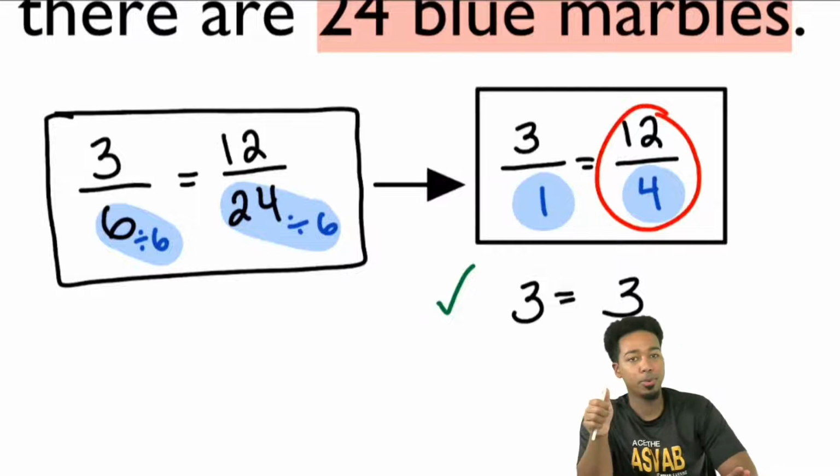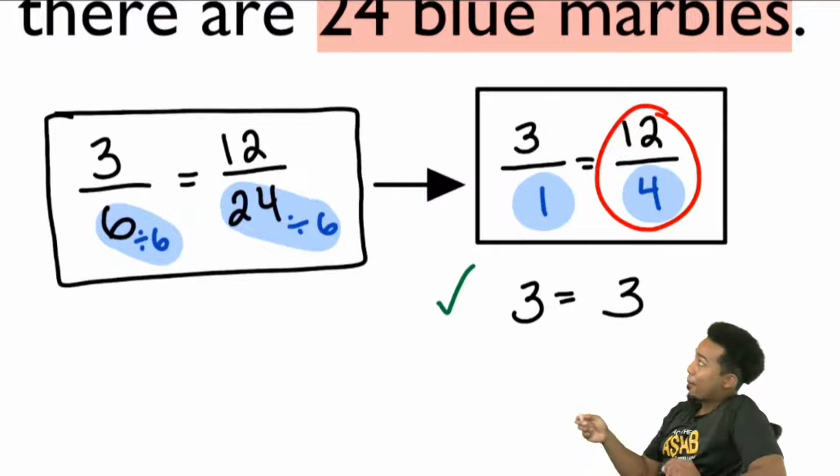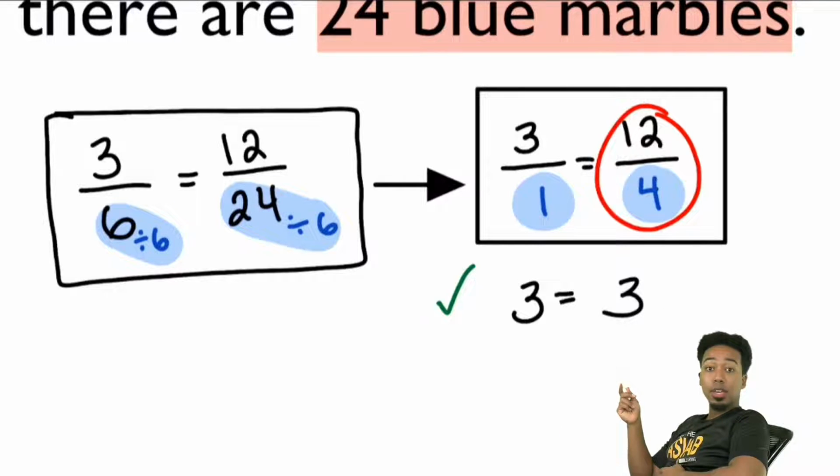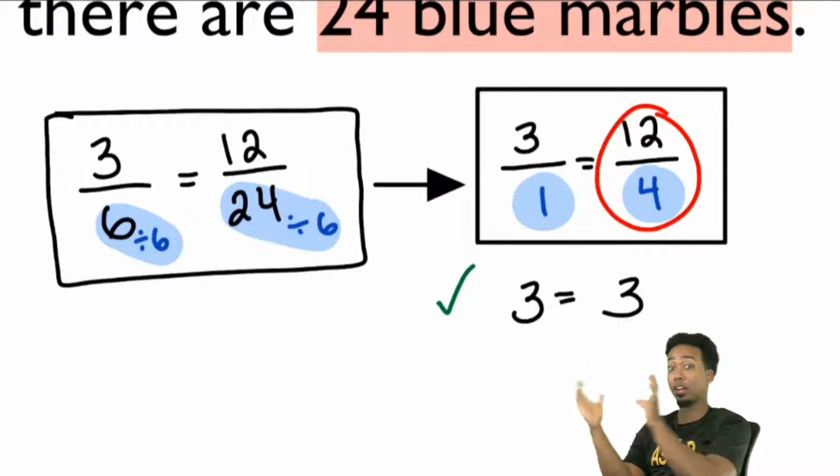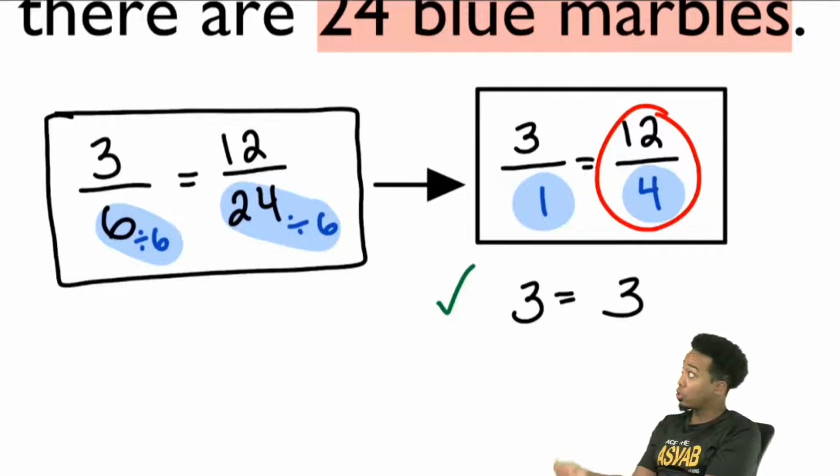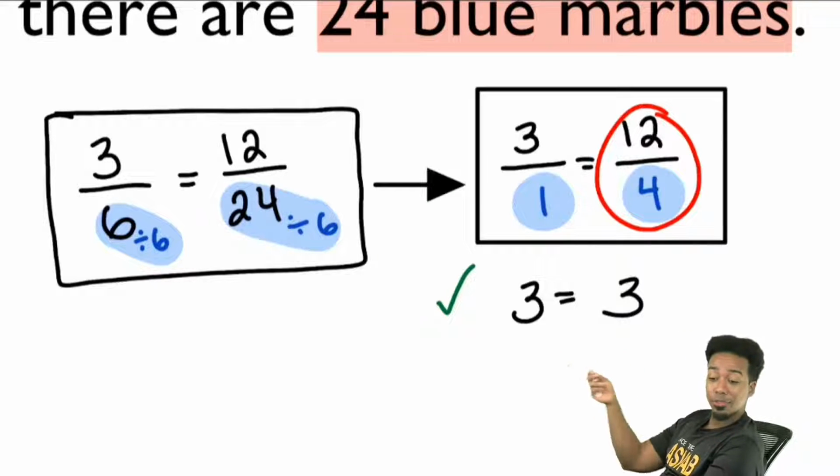But my party people, main question. Yes or no, does it make more sense now than it did before that you can simplify proportions, one, by simplifying the fractions on either side, or two, by simplifying left to right? Does that make sense?